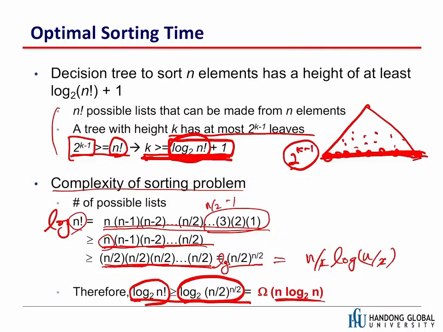Okay, so n log n is the lower bound of log n factorial, and this one is actually the lower bound of k, and k is the height of this tree, which means k is the number of comparisons for the worst case. So we need that many comparisons. So the lower bound of the number of comparisons is n log n. That's why the best sorting algorithm needs n log n at least for the worst case.